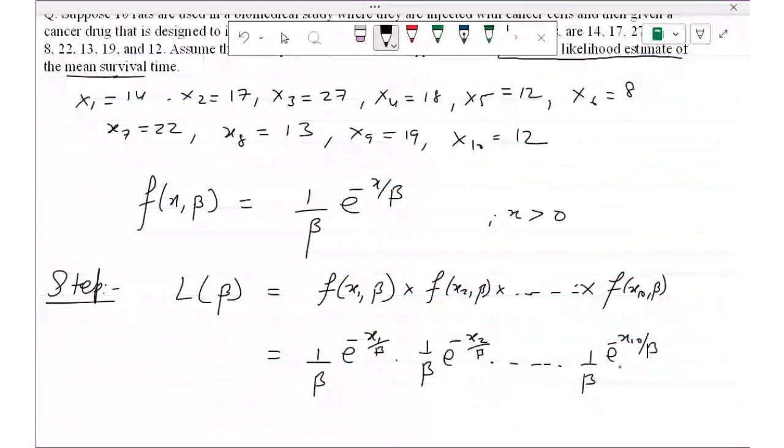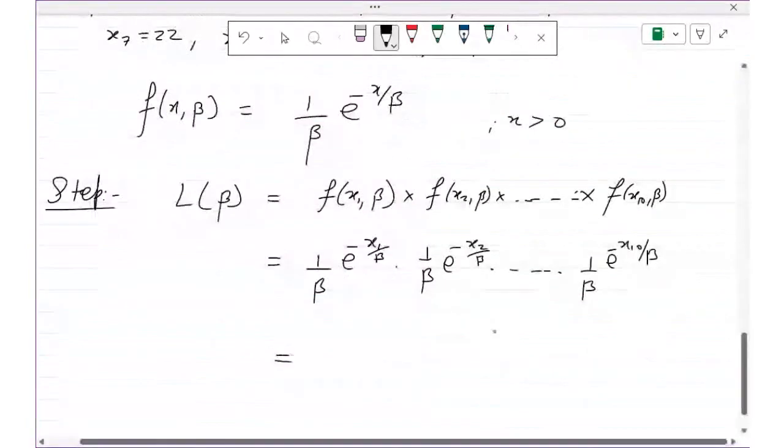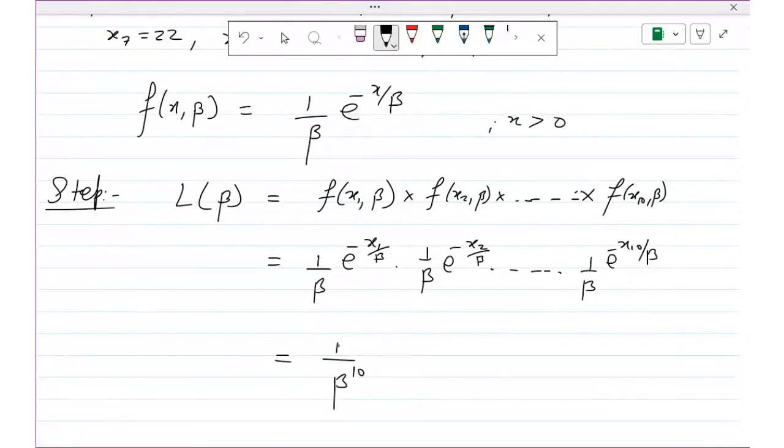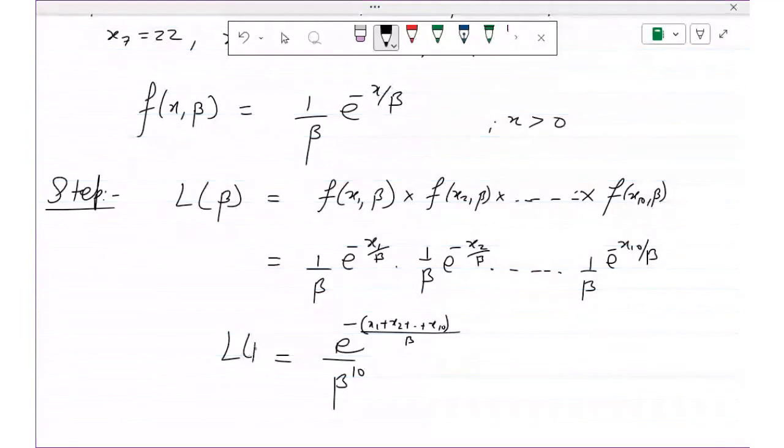If you do the product, because there are 10 terms, you get 1 upon beta raised to power 10, and the base e is the same, so the powers get added. You will get e power minus (x1 plus x2 plus up to x10) divided by beta. In all the terms there is a beta. Okay. So this is our likelihood function for the parameter beta.